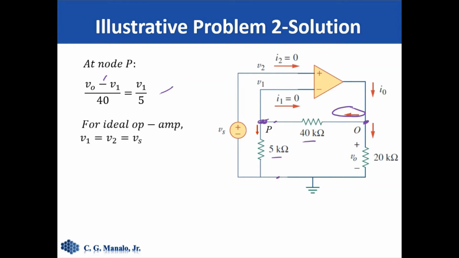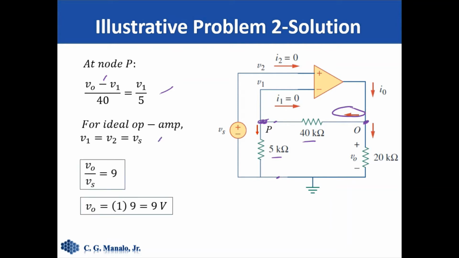Again, for the ideal op-amp, we have this relationship. So replacing V sub 1 with V sub S, that will give us the closed loop gain as equal to 9 and V naught equal to 9 volts. So it's almost the same as the answer that we got using the equivalent circuit for the op-amp.